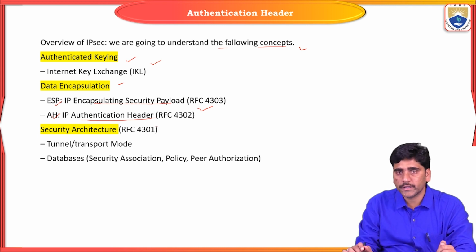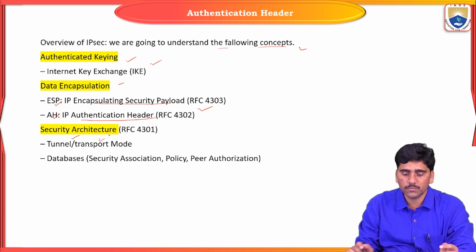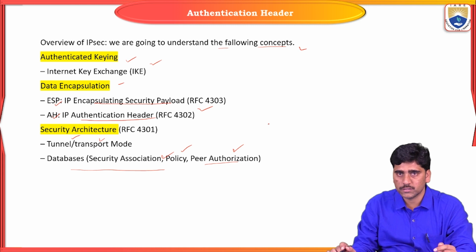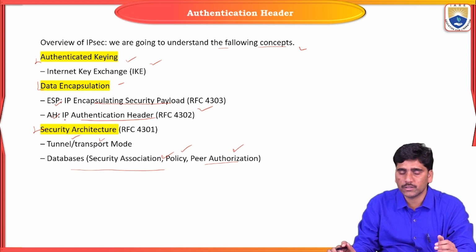Then security architecture, which contains both tunnel mode and transport mode, and the databases, security associations, policies, and peer authorizations. These are the things we are going to know in IP security services.